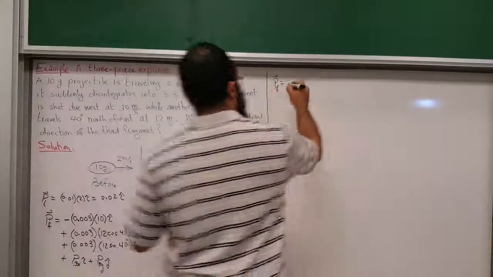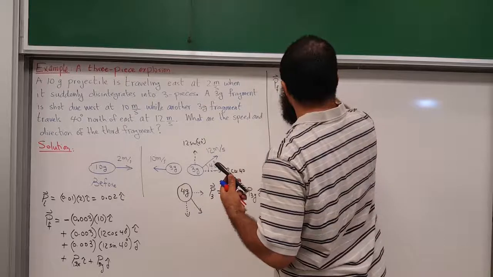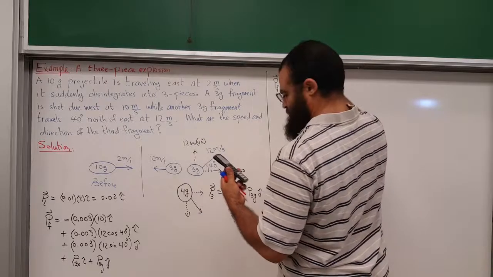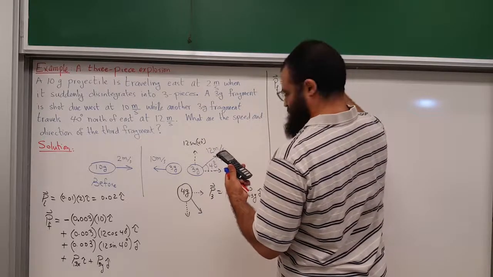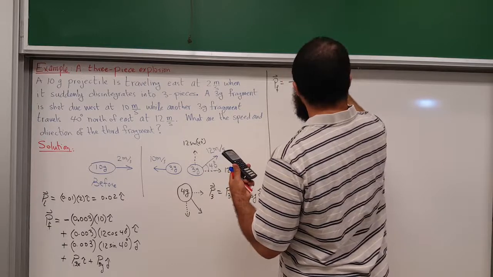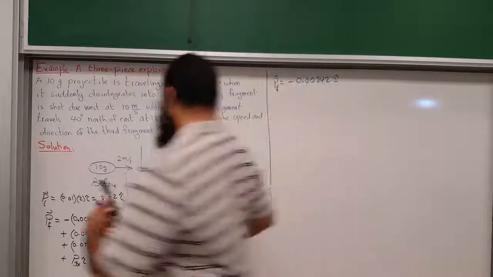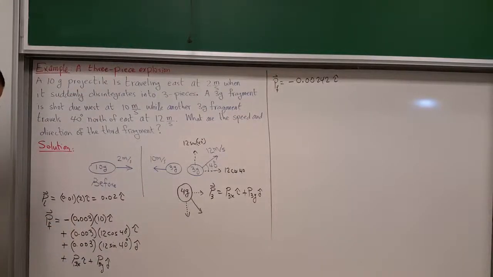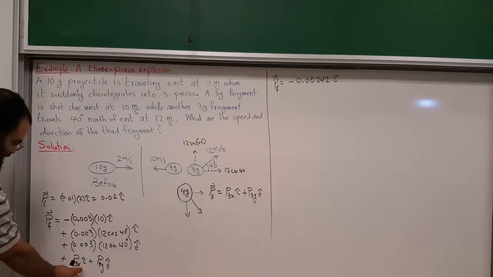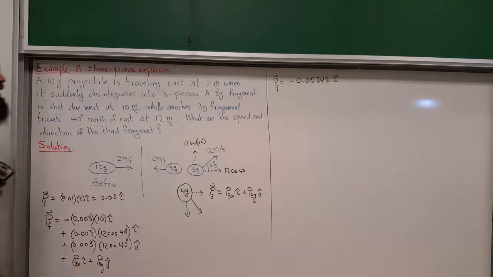That will give me negative 0.00242 i hat, that's from fragments 1 and 2, plus P3x i hat.